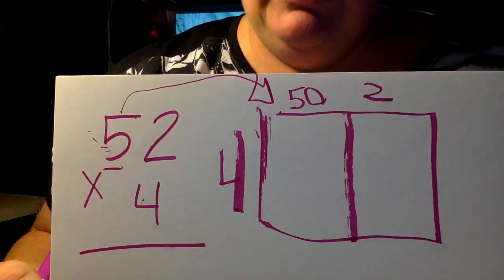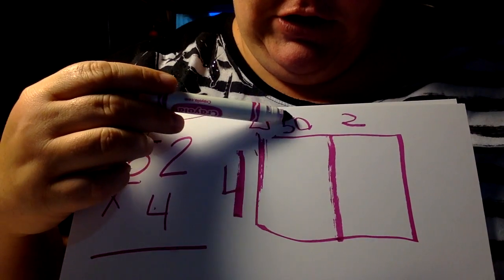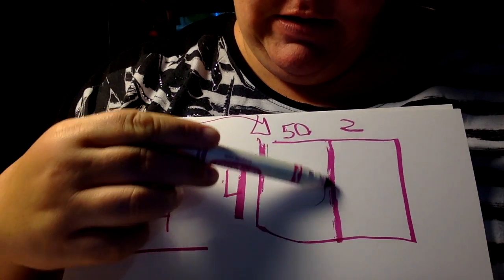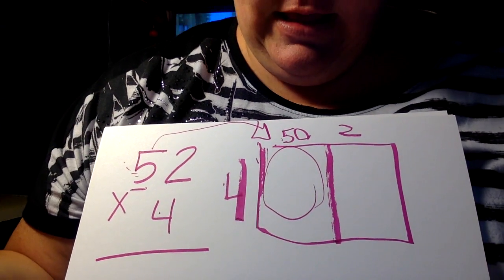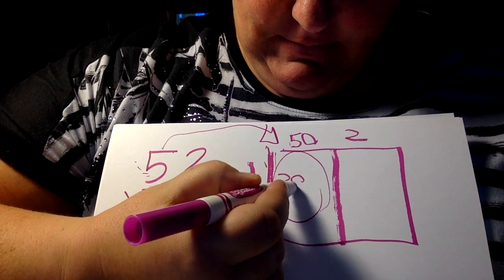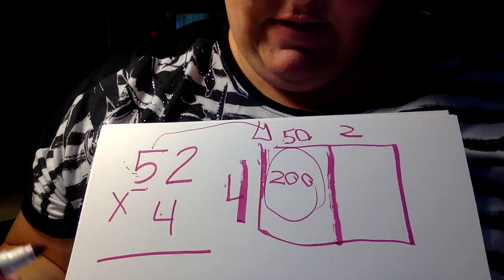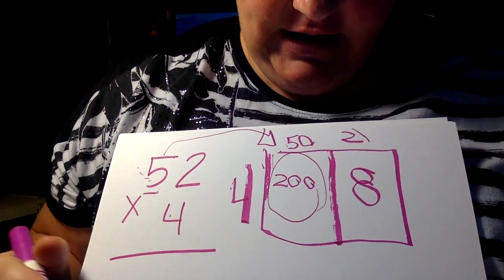Now what are we going to do? We're going to multiply our columns and our rows. We're going to do 50 times 4, and we're going to put the answer right here. 50 times 4 is, 4 times 5 is 20. Then we add our other 0, and we have 200. 4 times 2 is 8. Where's our answer?